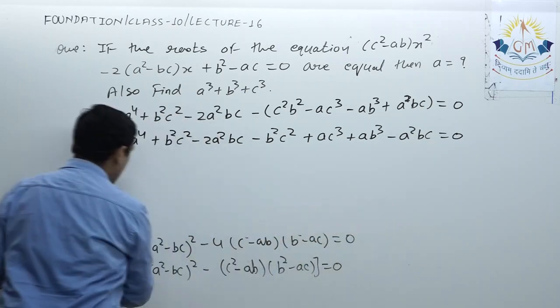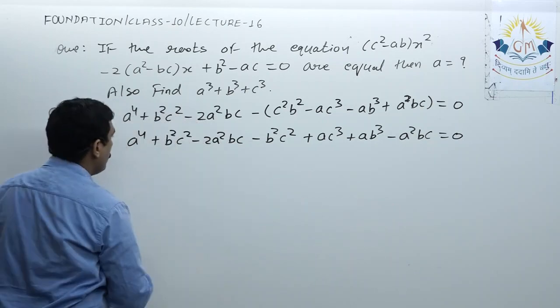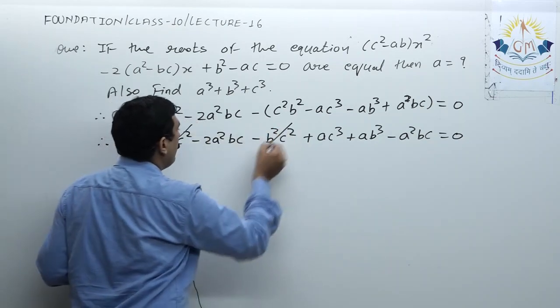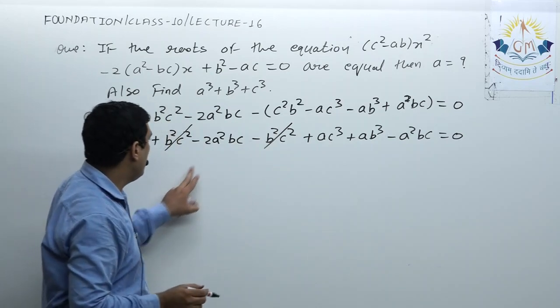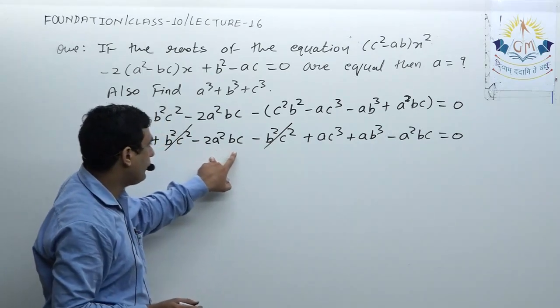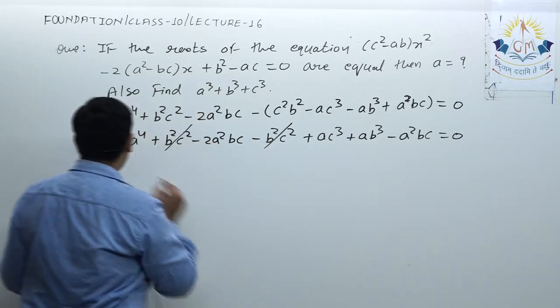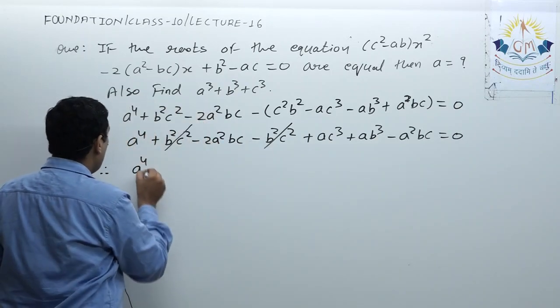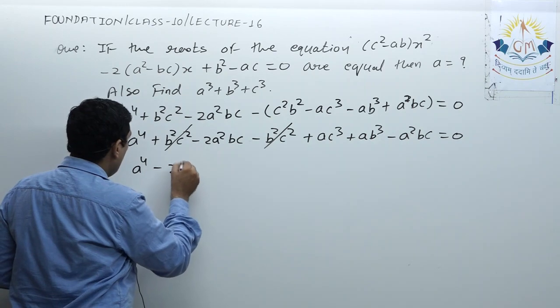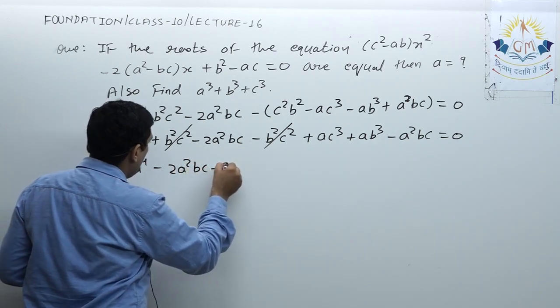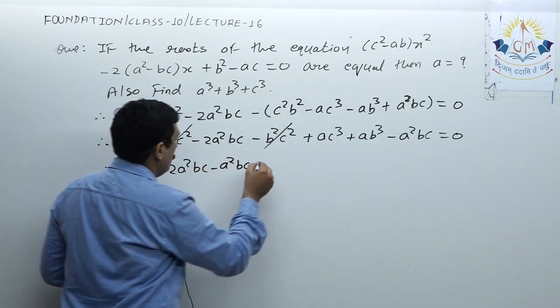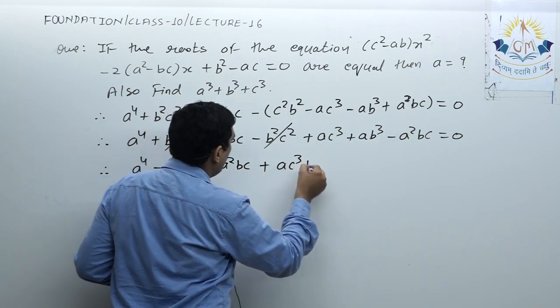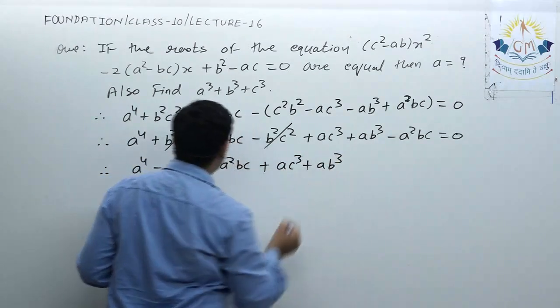Now we'll find, is it possible to cancel some terms? So b square c square cancels. Now like terms, a square bc and a square bc. So here I can write a raised to 4, then minus 2a square bc minus a square bc, then ac cube plus ab cube.